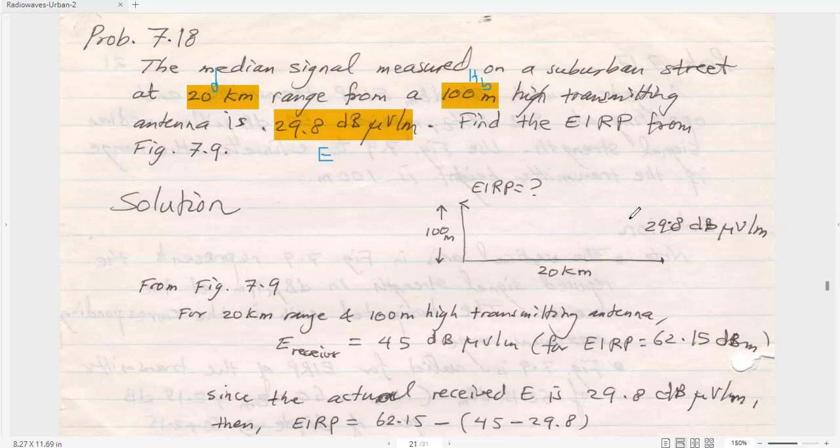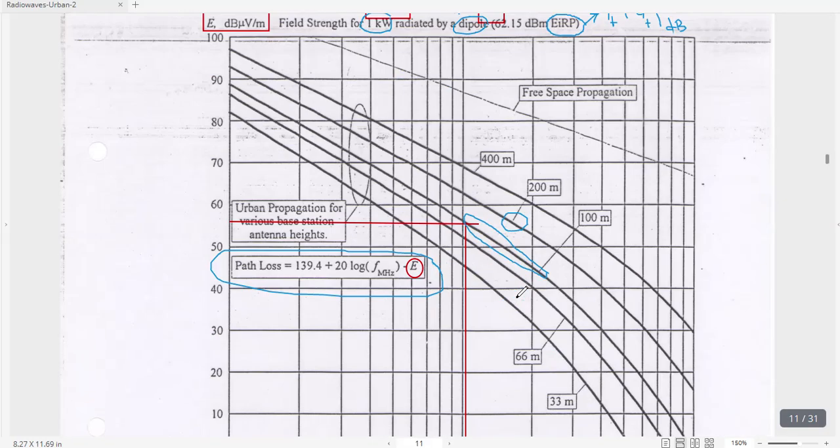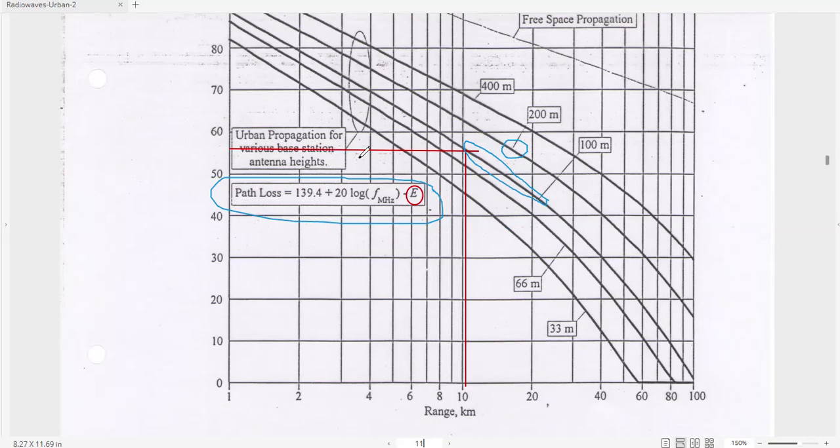We can find the electric field there, but the value is valid for an EIRP of 62.15. Let's see. We use again this curve of 100 meter base station height, and the distance is 20 kilometer. This is the 20 kilometer. We use this distance here, and here is the curve.